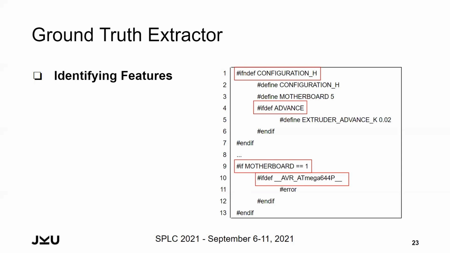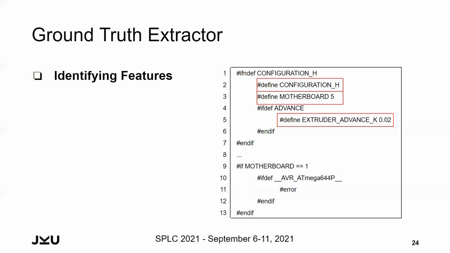In case of identifying features, the approach looks for all the ifdefs in the source code files and also the defines. When a feature is inside a define within the source code, we do not consider this annotated feature as part of the features, as they are internal features.